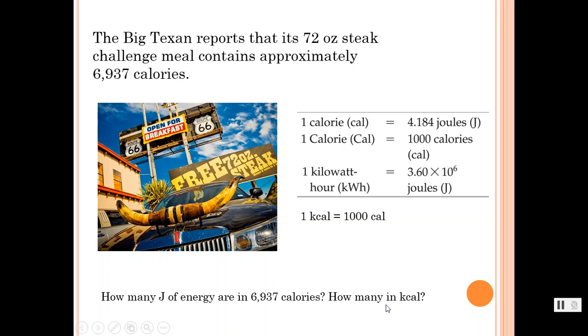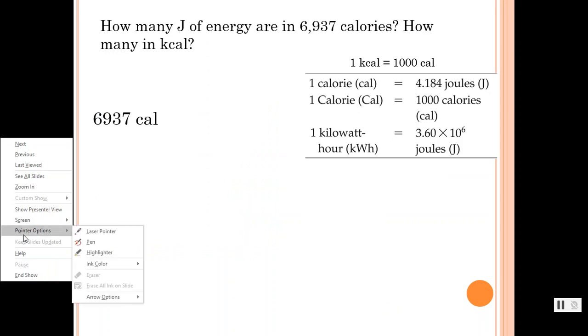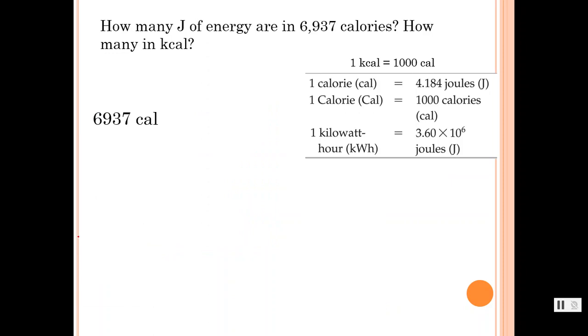Well, that is a units conversion question, and so you can use your unit conversion or dimensional analysis skills from Chapter 2 to solve this problem. You can use those skills in combination with these conversion factors.